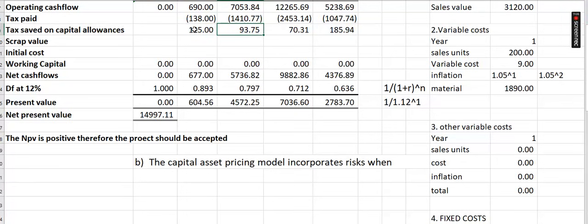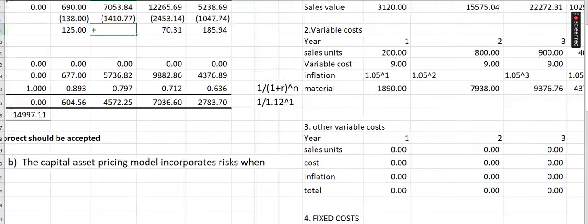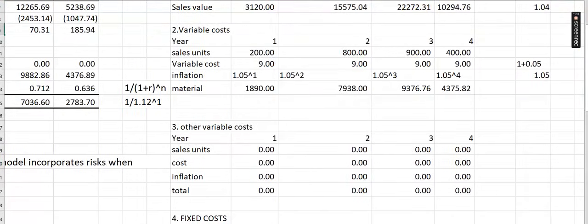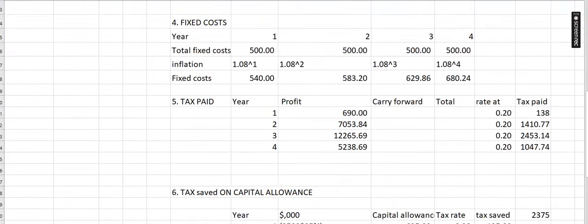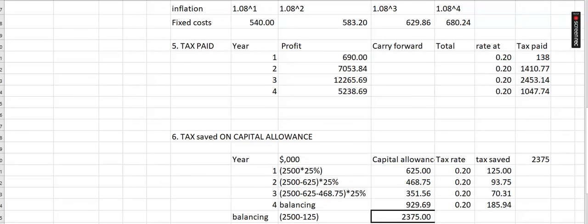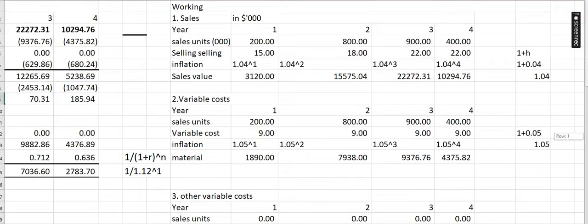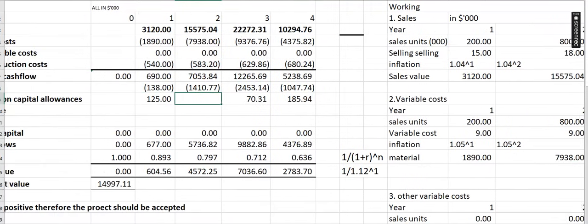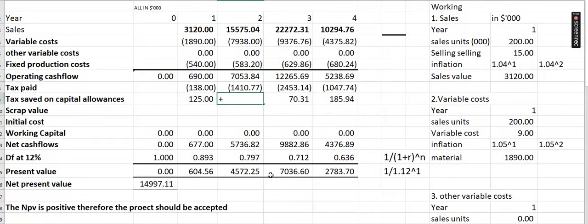So 125 in year 1, this should be correct, but in year 2, let's go plus. Let me confirm if the answers are correct. Oh yeah, they are correct. Okay. So 125, 93.75, 70.31, 185.94. Okay.